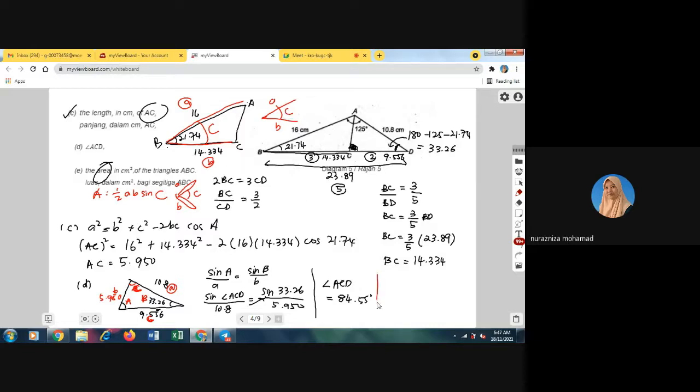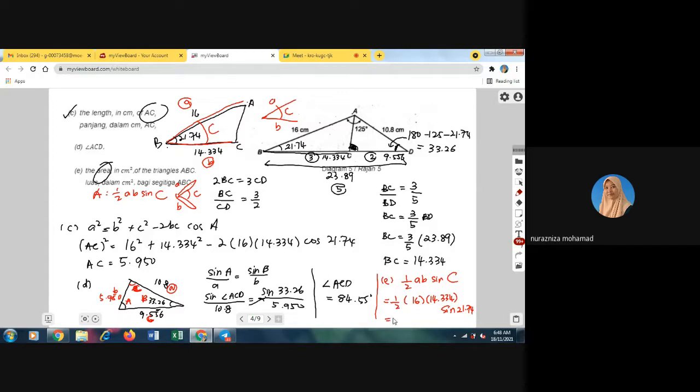So I write down here the answer for question E. The area is 1 over 2 ab sine C. So this is equal to 1 over 2 times 16 times 14.334 times sine 21.74.